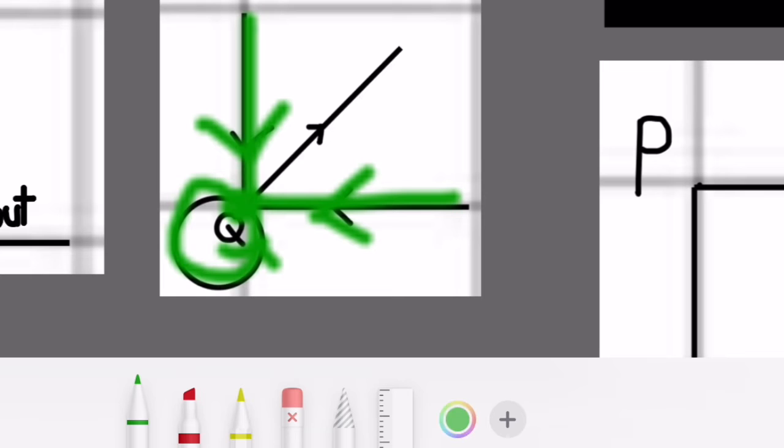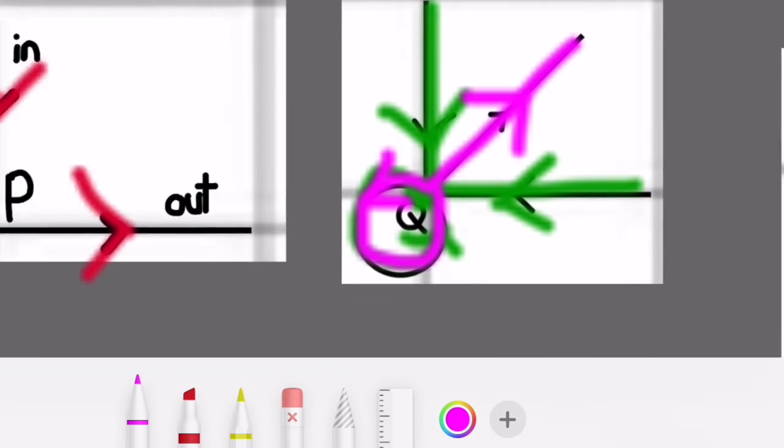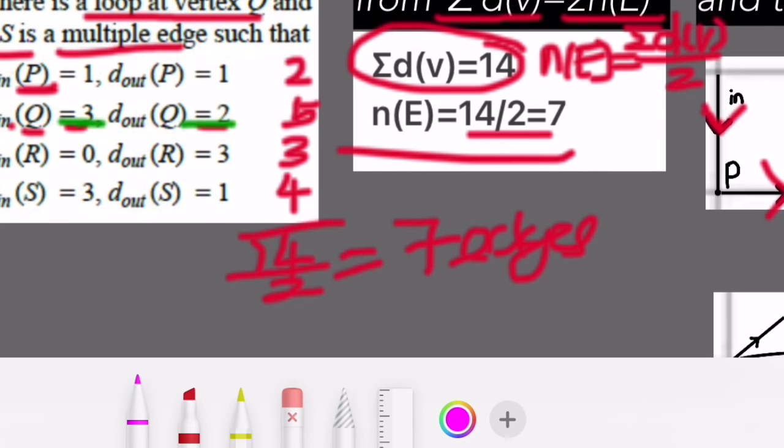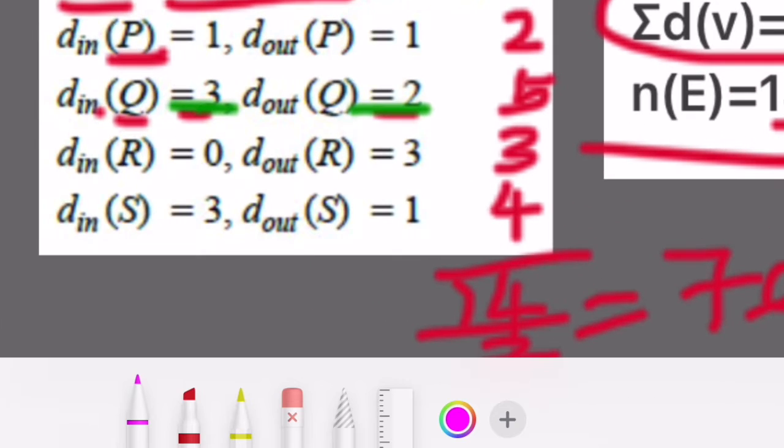For out, I'm going to show you, out is this one, and then this is out. So this is called in 3, out 2.